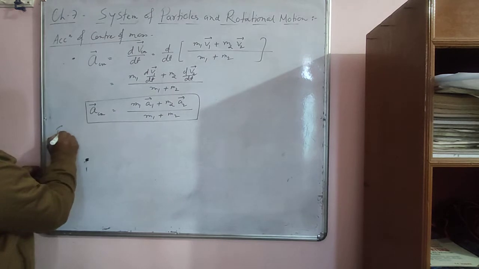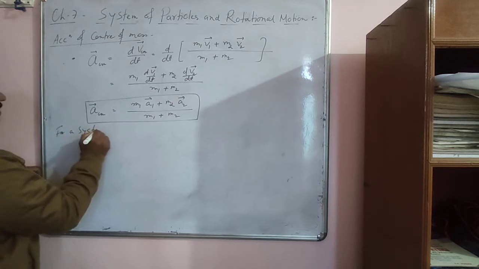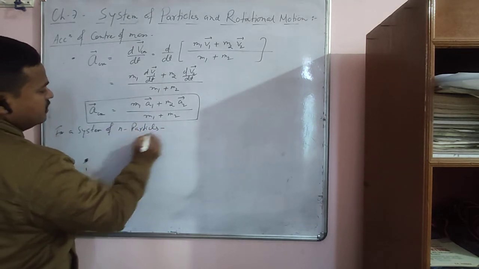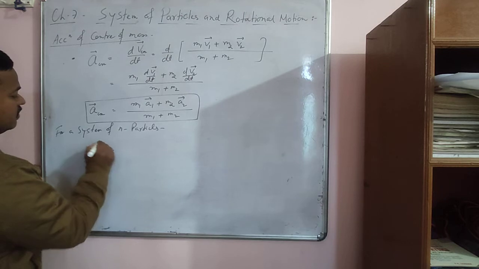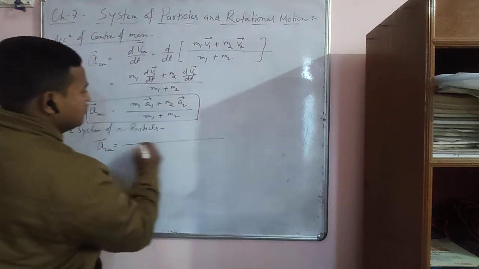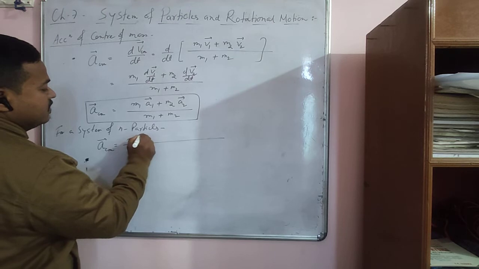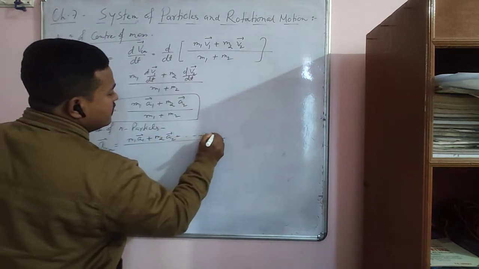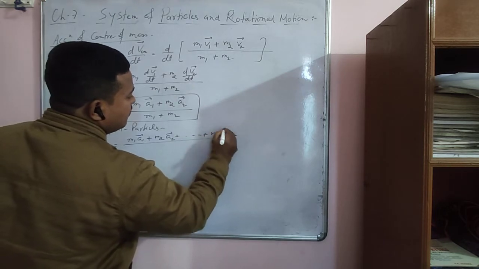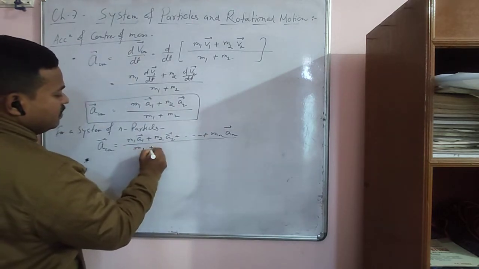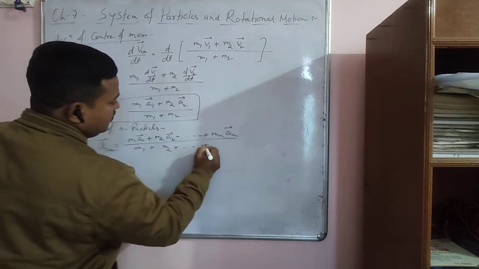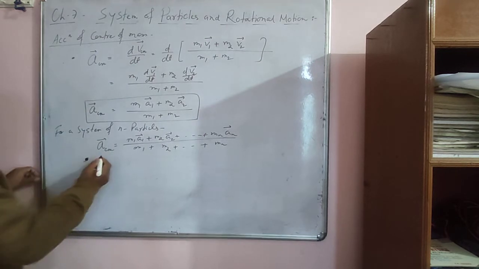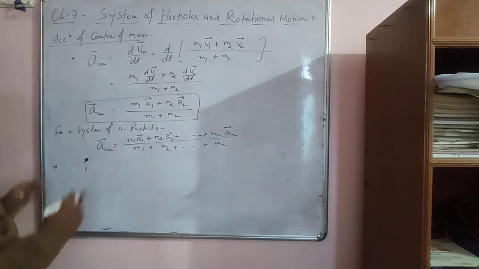So for a system of n particles, the acceleration of center of mass will be M1 a1 plus M2 a2 up to Mn an divided by M1 plus M2 up to Mn. Now this one we can also extend in terms of force.